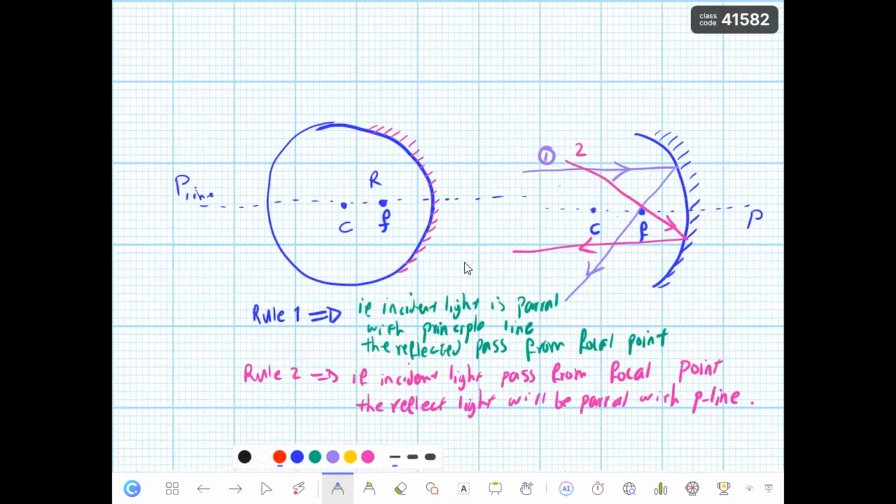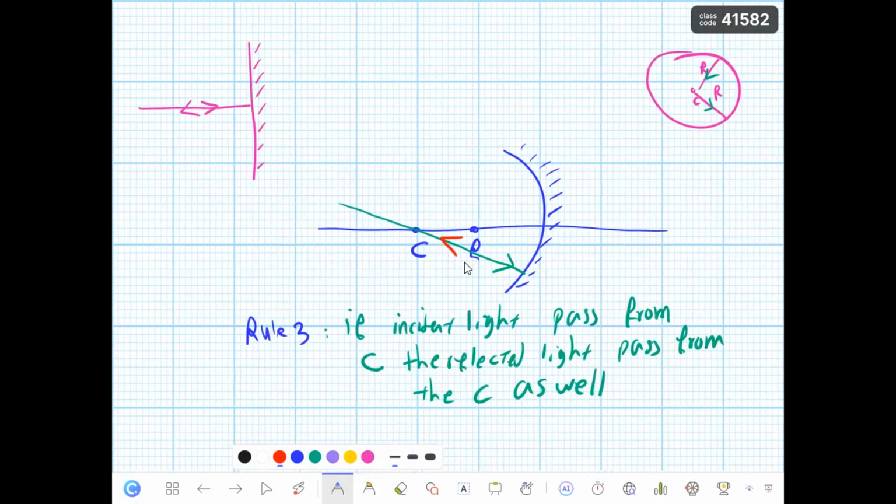And the last one, if the incident light is passing through the center of curvature, the reflected light will pass through the center of curvature as well. Good? Three rules. Okay, how can we use these three rules to see how the image is created?